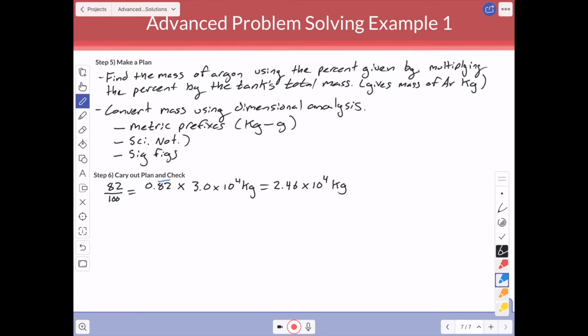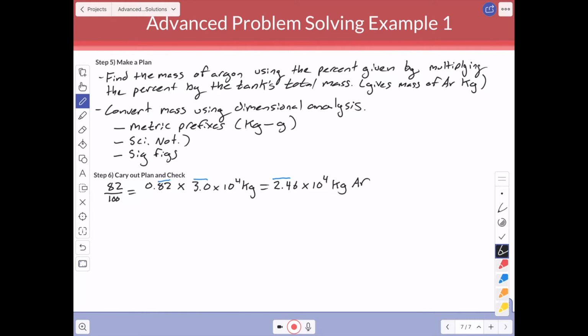Got 2 here, 2 here. That means I'll have 2. We're not going to round to the end of this problem, so we're just going to keep track without a line. And that's going to be what? Kilograms of argon. All right, we move to the next step. Convert mass using dimensional analysis. So we're going to convert the mass to atoms, right?